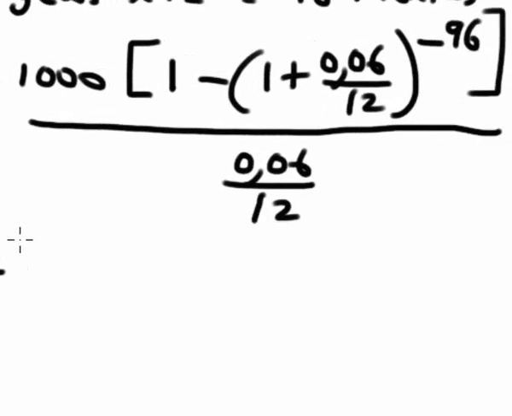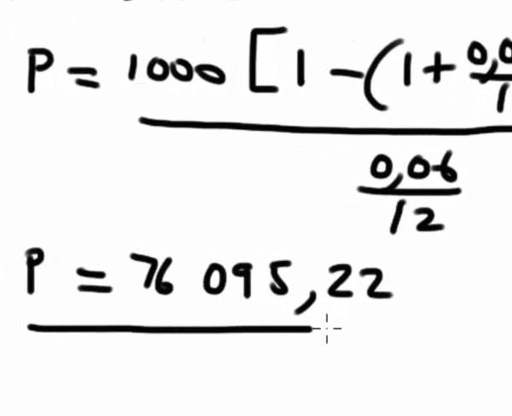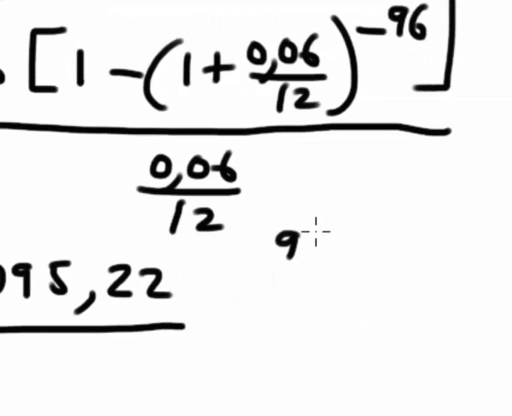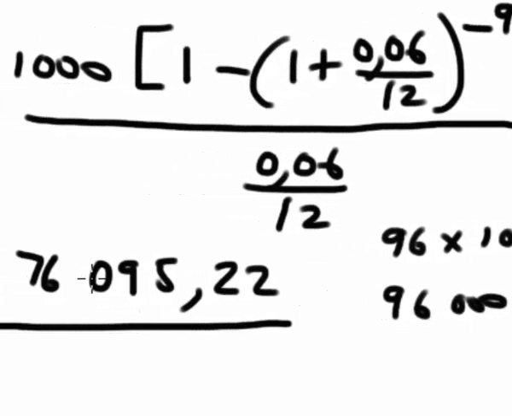So we can see this is 76,095,22. Now this is what you borrowed, but you've actually paid 96 times 1,000. In other words, you repay 96,000, but you only borrowed 76.